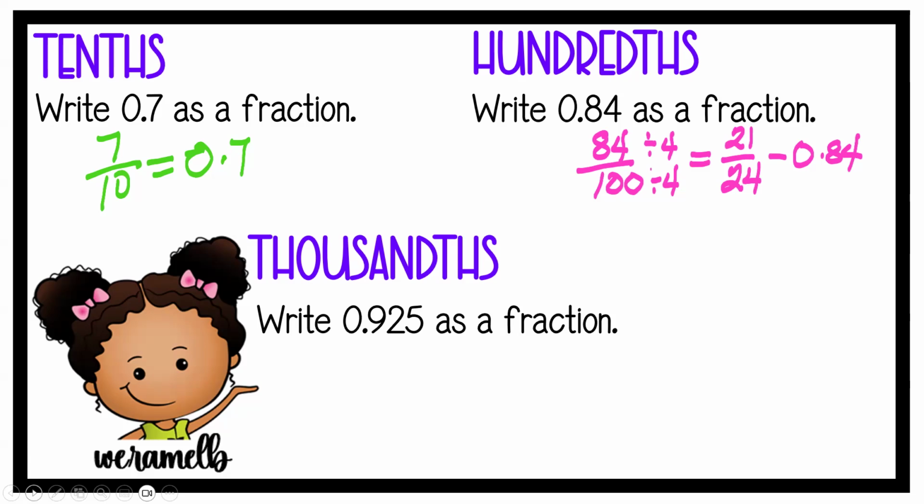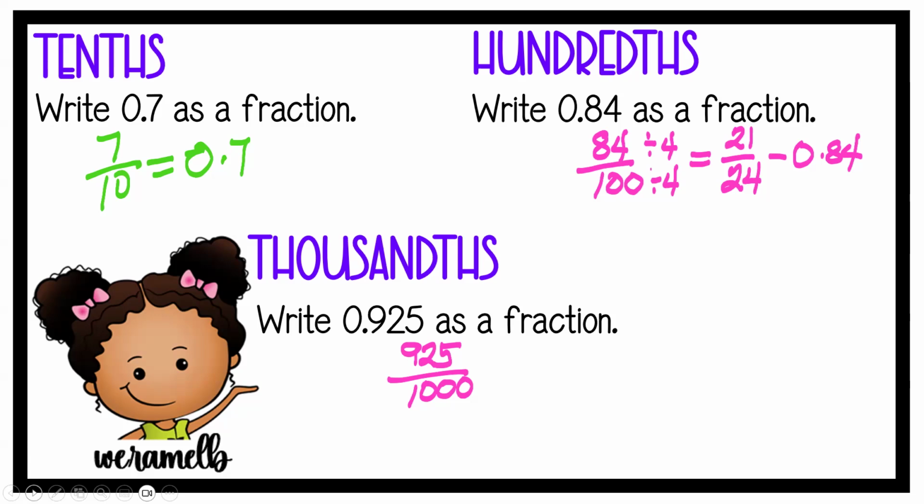Now let us go to the third example. 0.925, which can be read as 925 thousandths. So we will have 925/1000. Okay? Is this our final answer? No, because we can still simplify this.